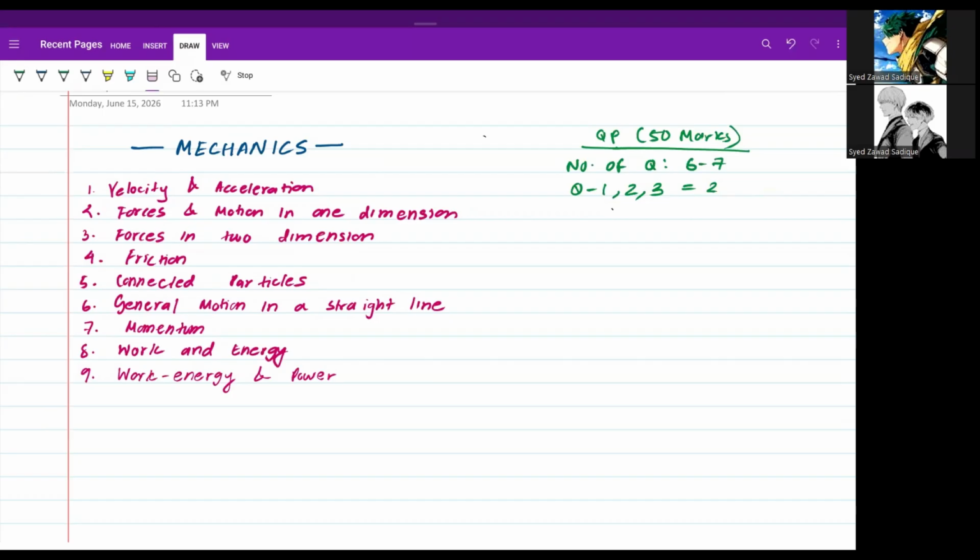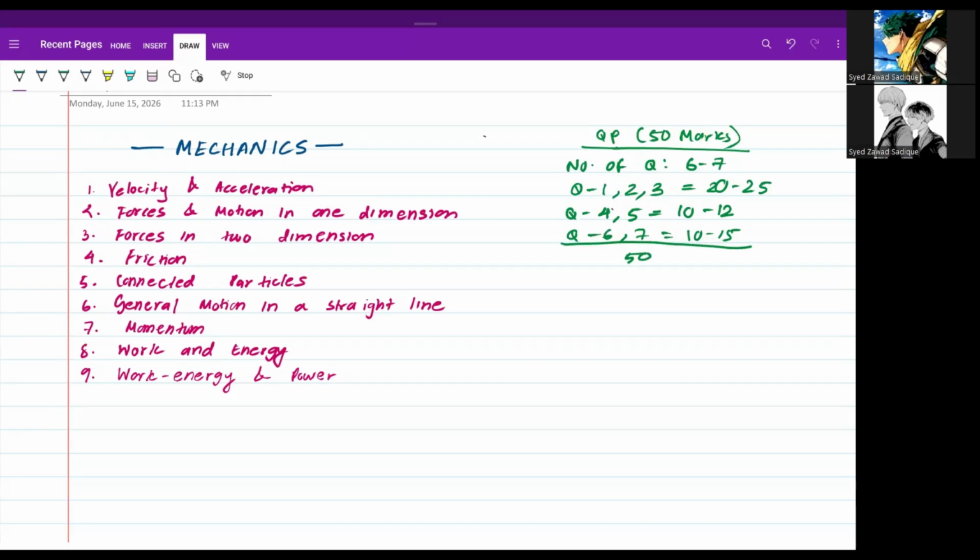Questions 4 and 5 usually have 10 to 12 marks, and questions 6, 7 have, I think, 10 to 15 marks, depending on the intensity. So overall, a combination of this always adds up to 50.